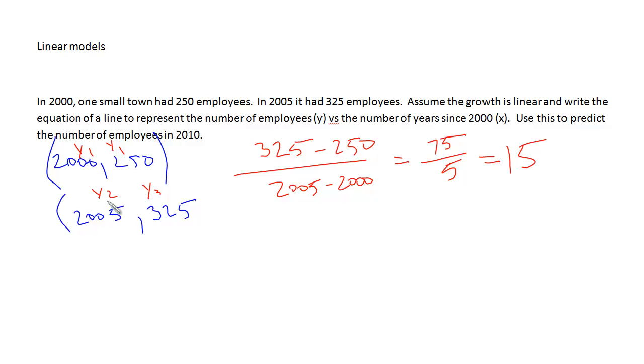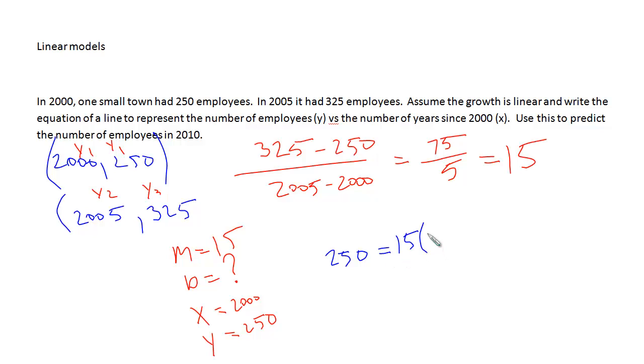And then I can pick one of these to find the y-intercept. So we'll go ahead and just stay with the top one here, 2000, 250. So we'll say m equals 15. b is my unknown. x, I'm going to use 2000. y, I'm going to use 250. And we'll sub it into the formula. So y equals m times x plus b. And now we'll just rearrange.